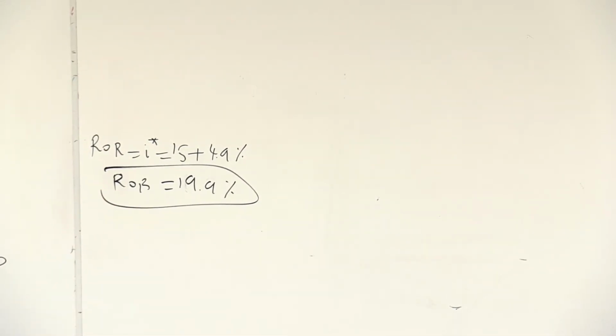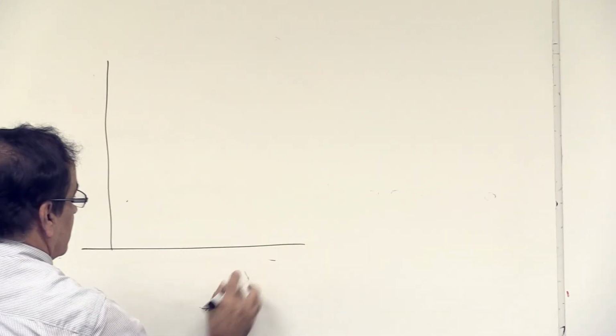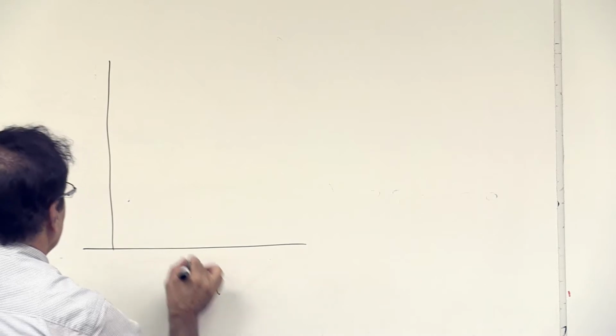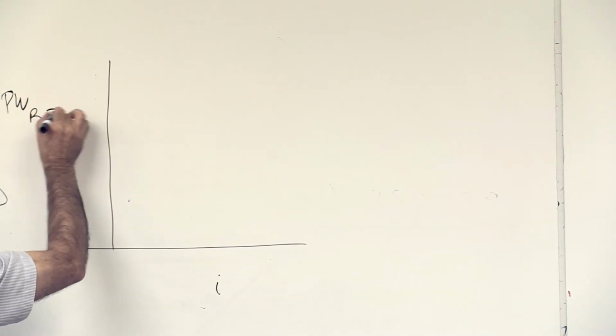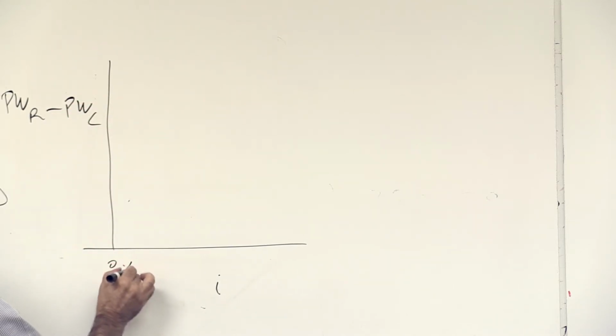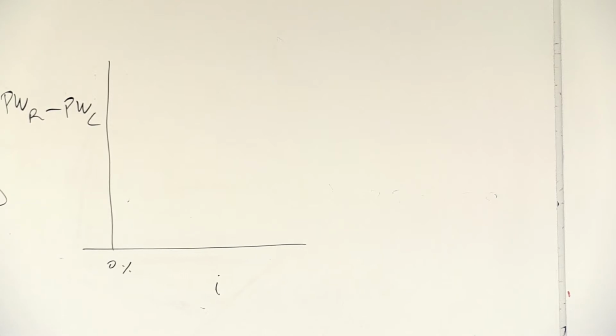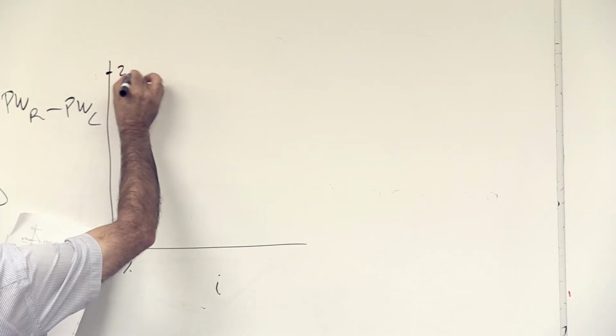So what I'm going to do next is draw the relation between the interest rate I and the difference between the present worth of revenue minus present worth of cost. At I equals 0%, it's very simple. If you substitute into the rate of return equation, you're going to get 200,000 positive.